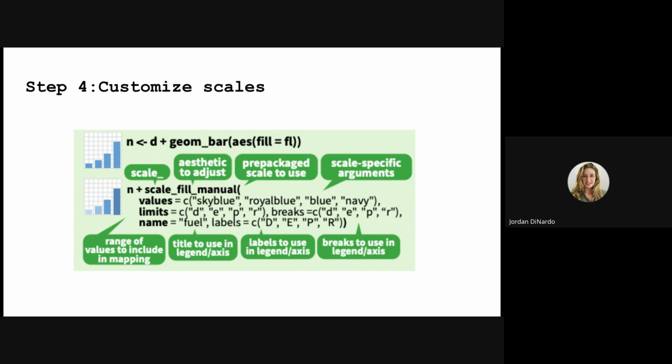So that's everything you see. The limits as well, the breaks help you to use or what are being used in the legend or the axis. The name allows you to indicate what the name of this legend will be. So that the legend name should be fuel. And then the labels are what you see in the legend, as well as the axes.